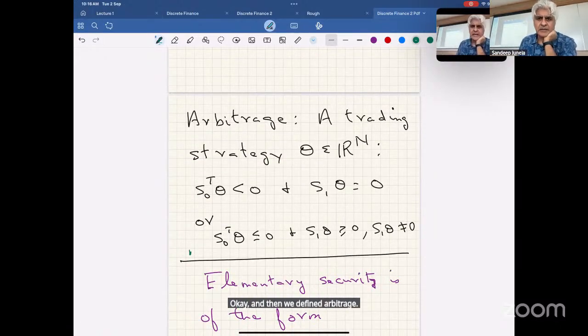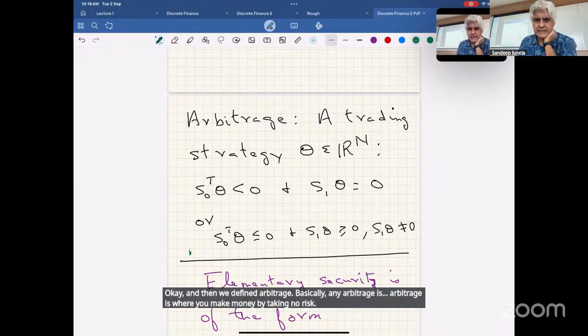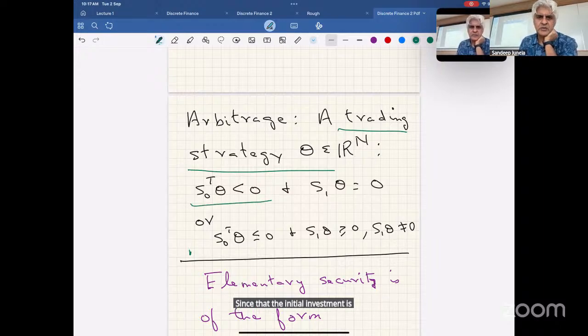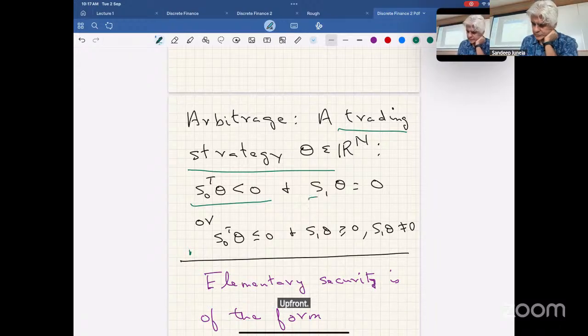Basically, an arbitrage is where you make money by taking no risk, and that can be reduced to these settings. So it's a good definition. It's a trading strategy, or a portfolio theta, such that the initial investment is negative. That means you're getting something upfront. And you lose nothing at time period 1, right?